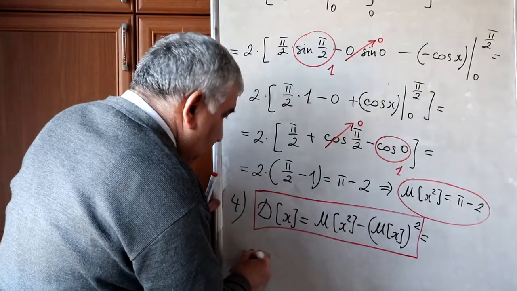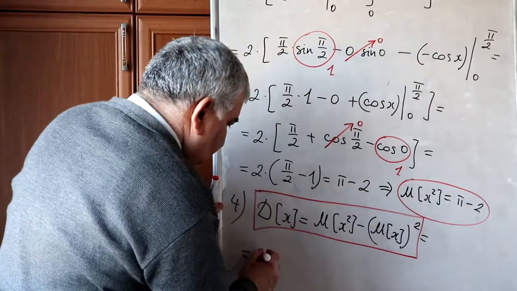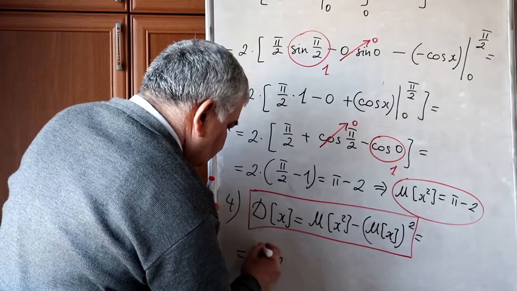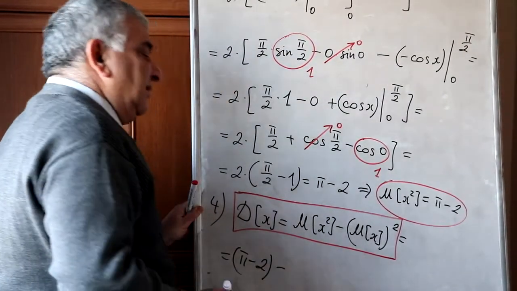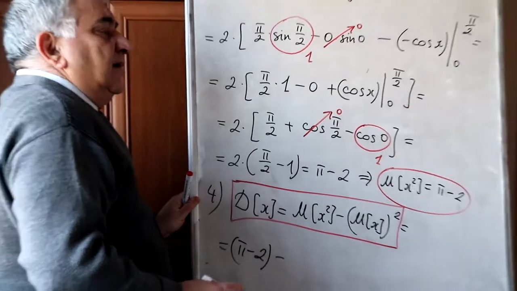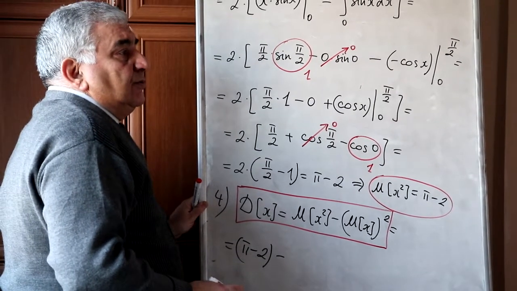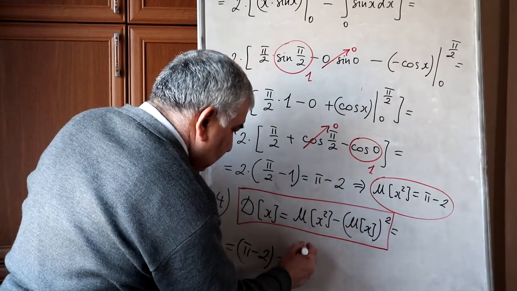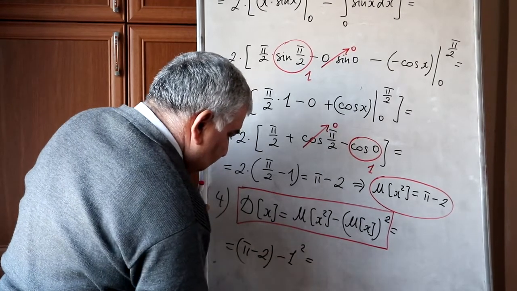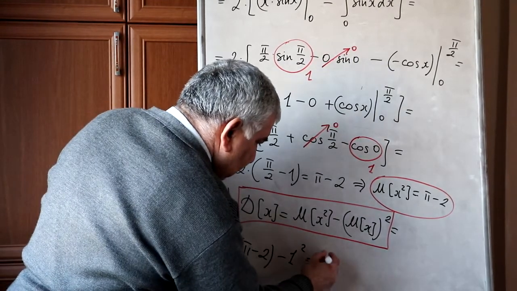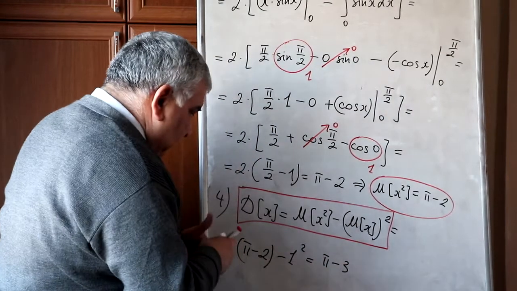Mx squared is pi minus 2 minus, and mx was equal to unit, squared is unit, and we have that it is pi minus 3. It is our answer.